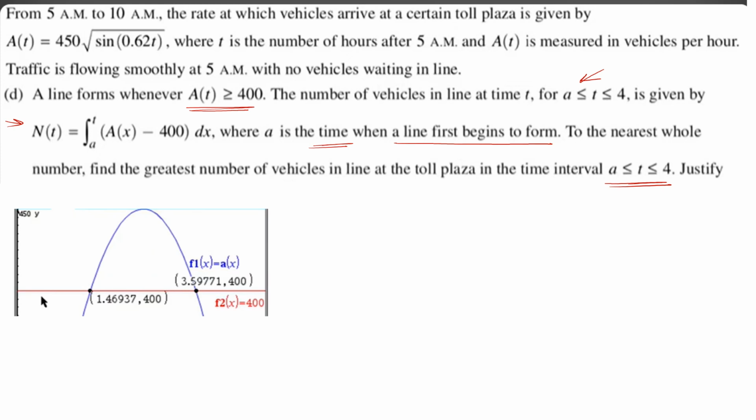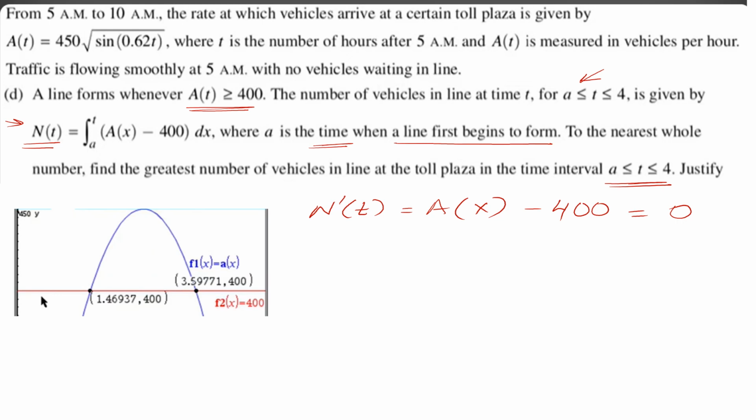Now look at this. You know that N of t is the integral of A of x minus 400. So N prime of t, the derivative, is actually the integrand, A of t minus 400, and make it equal to 0 in order to find the critical numbers.